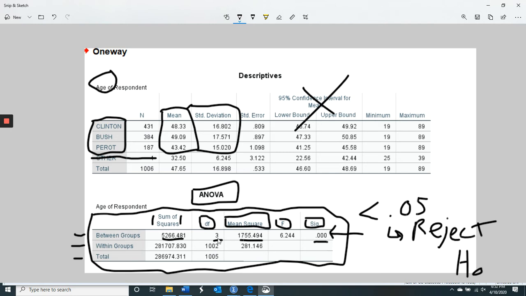That's our degrees of freedom, with 3 coming first and then 1002 coming next. So the between comes first, the top part of the ratio, between, within, and then the bottom part, within. So that's our overall sentence, very simply.